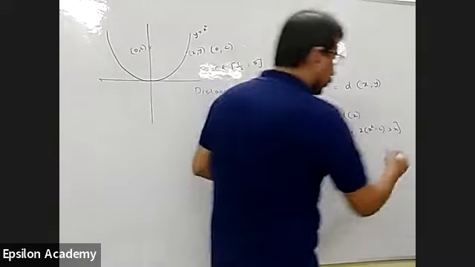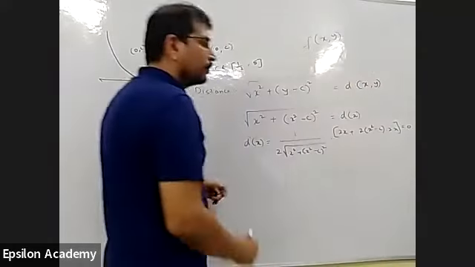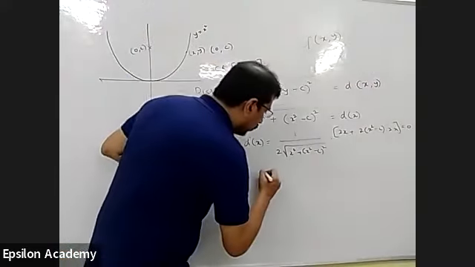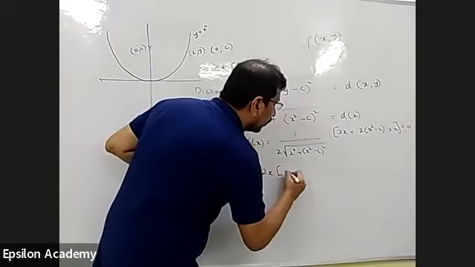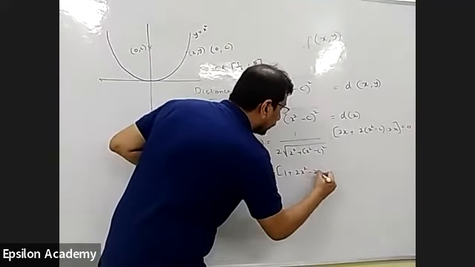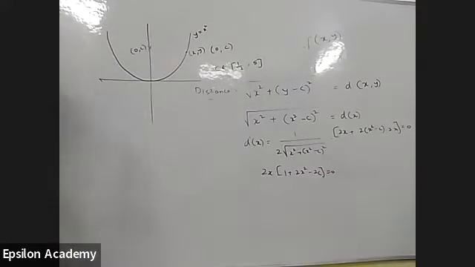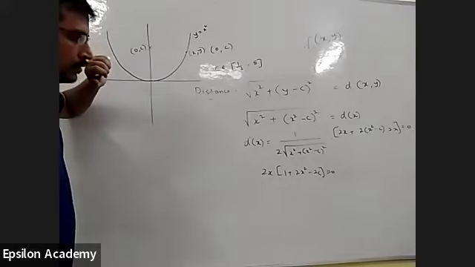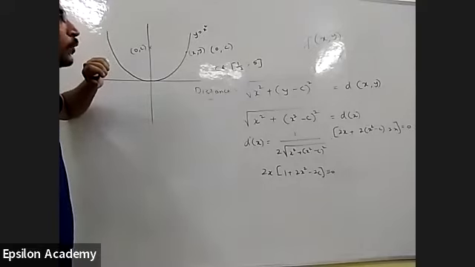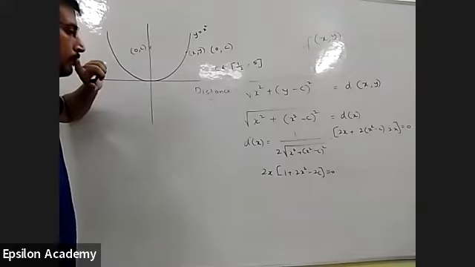So this one, what am I supposed to write it as? Equal to 0. So 2x into 1 plus 2x square minus 2c equal to 0. The c value, they gave it between half and 5.